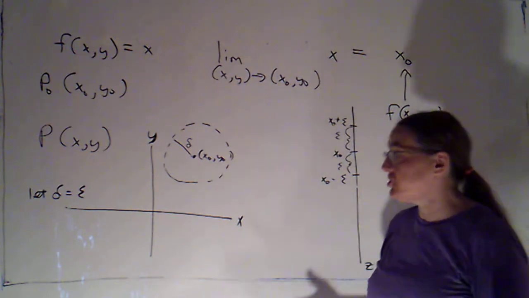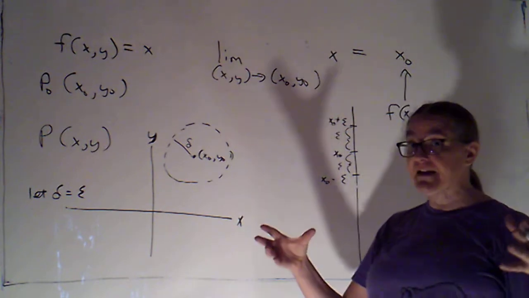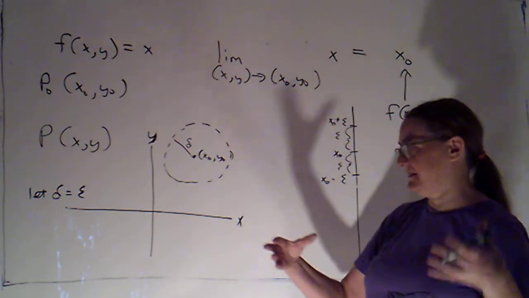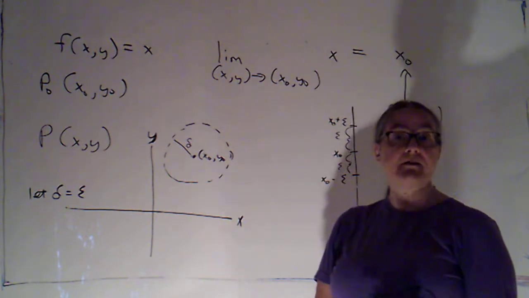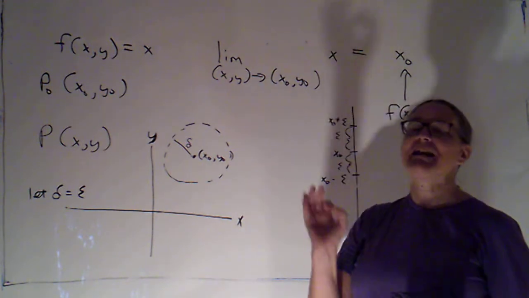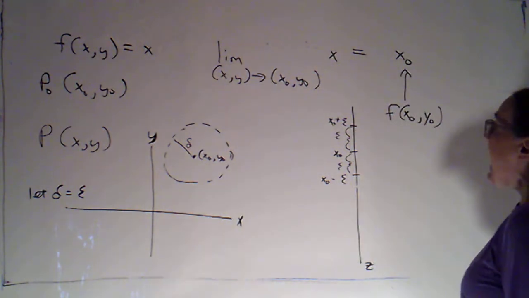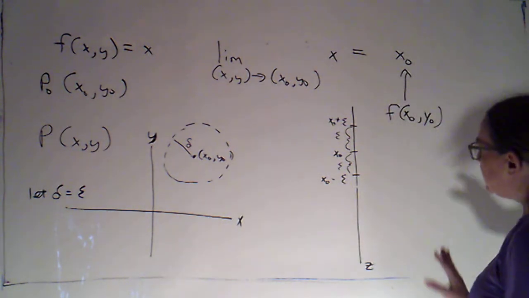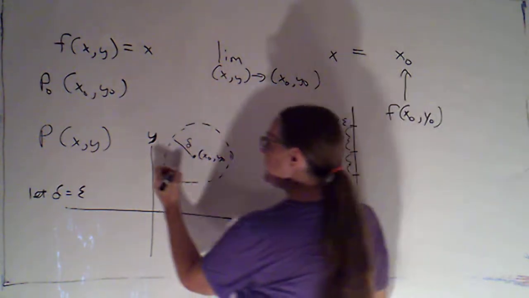But I would simply choose to let delta be epsilon and calculate a sphere of radius delta centered at P naught, and that would be all of the points whose distance from P naught was smaller than delta. Okay, excellent.